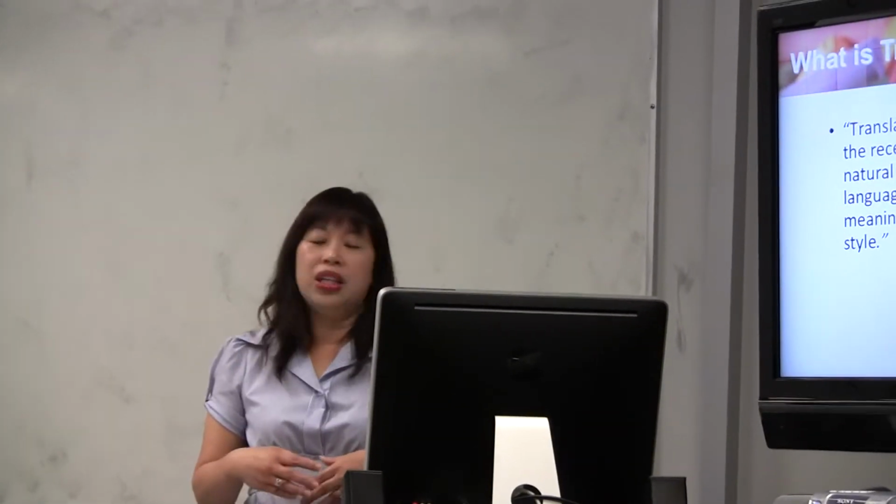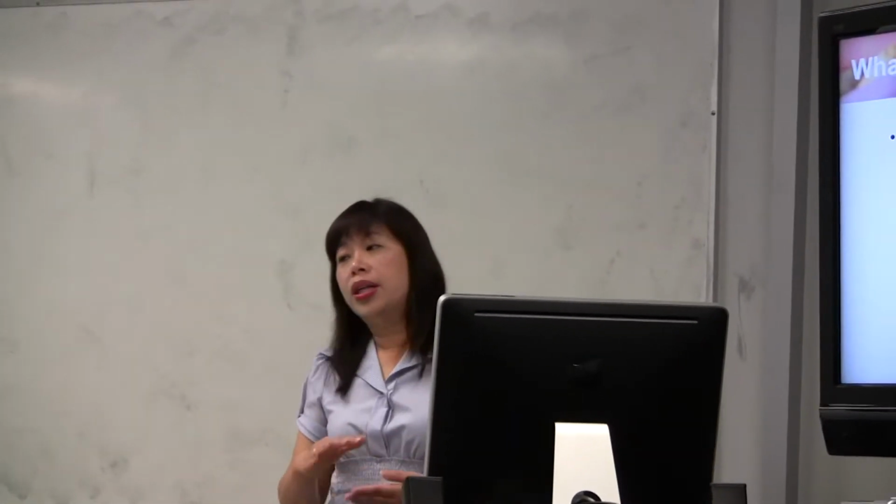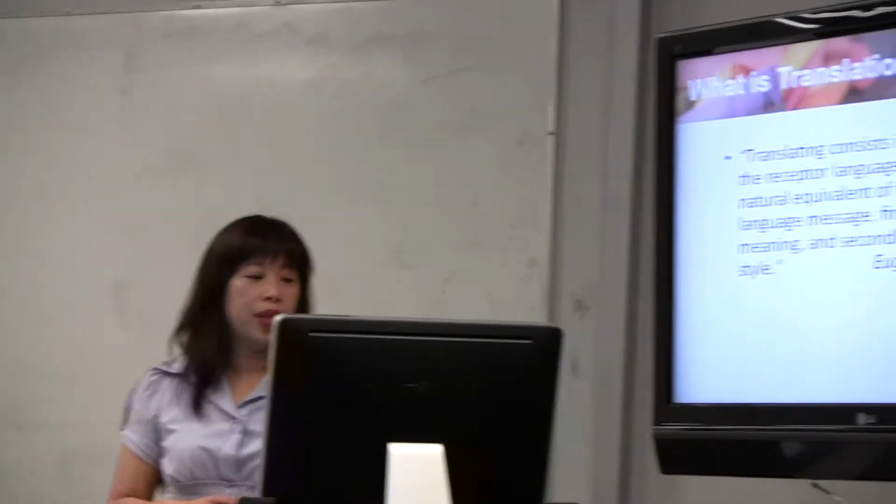So when it comes to close and natural equivalent, it has to be in terms of the meaning and also style. Sometimes people do a very good translation in terms of meaning, but they lose the style. So it's not the complete equivalent.